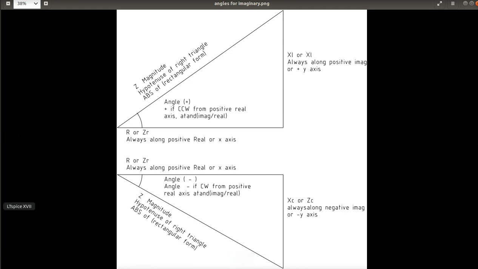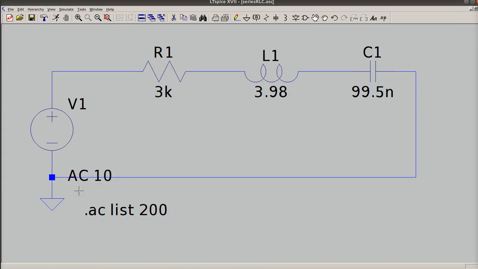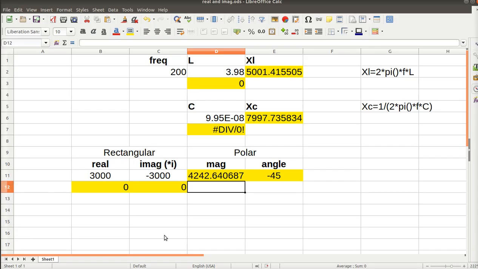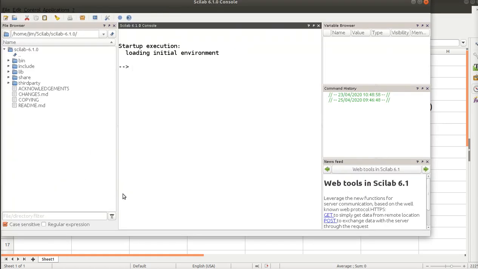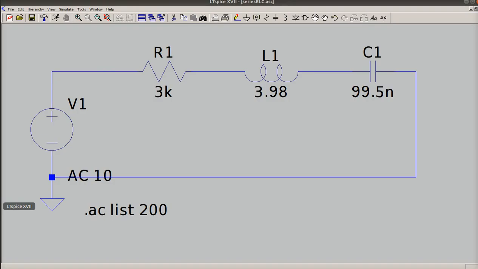And of course you want to see what SPICE gets us. Oh, well, let's do that. We got that. So my impedance is 3,000 minus 3,000i. So I'm going to go in and say, okay, I've got, is that 10 volts? Yes.